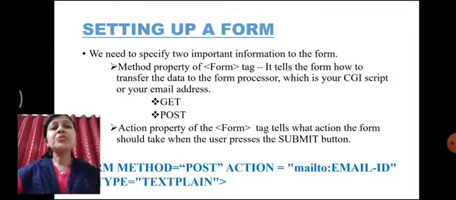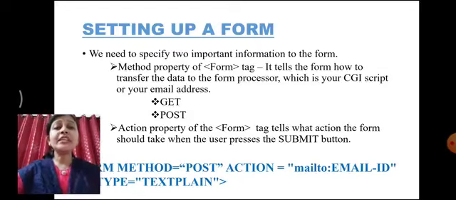Next, how to set up a form? We need to specify two important pieces of information to the form. One is the method property and the second one is the action property.